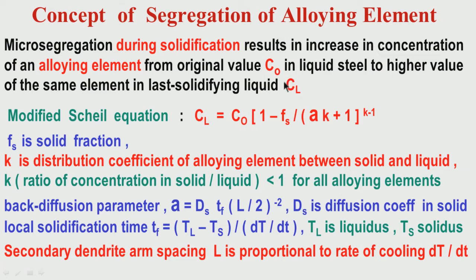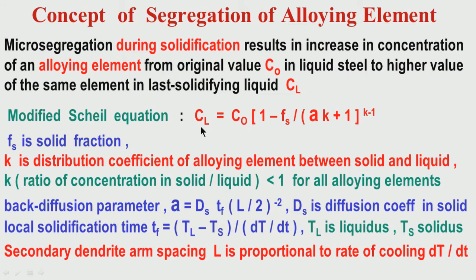So, for the concentration of a particular element, say sulfur, in the last solidifying liquid, if it has Cl concentration, then the modified Scheil equation gives to what extent it will increase from C0, given by this relationship. Here, what are the factors?